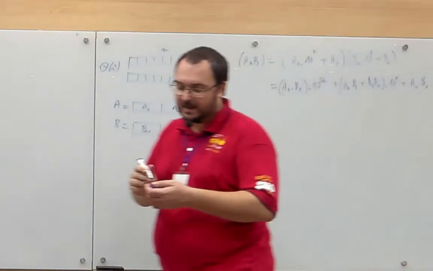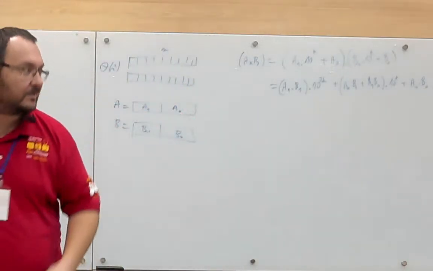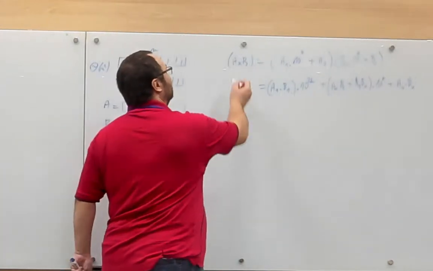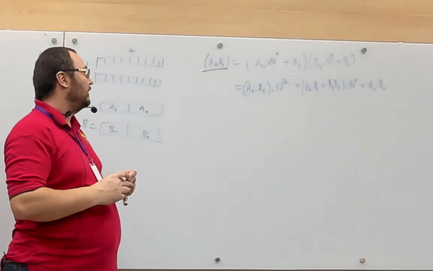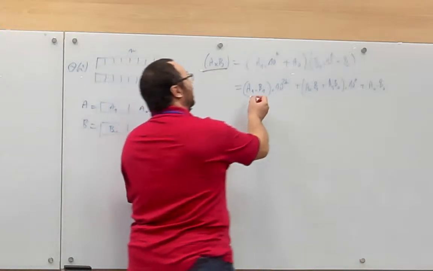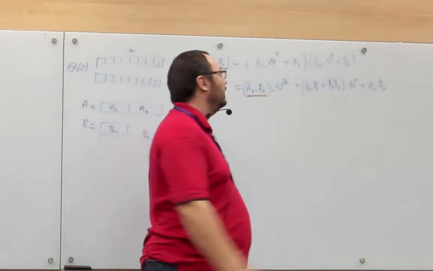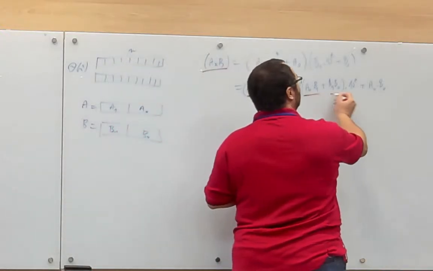So what this is telling us when we write it like that is that in order to multiply two n-digit numbers, I have now reduced it to 4 multiplications of n-half digit numbers.